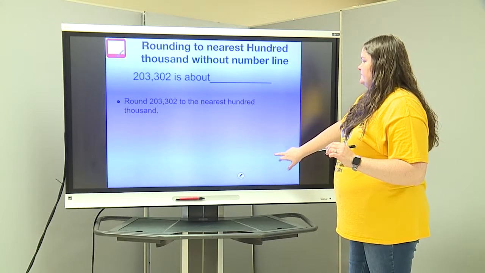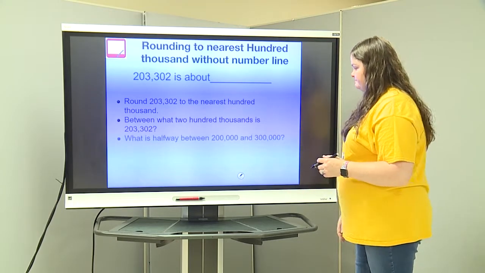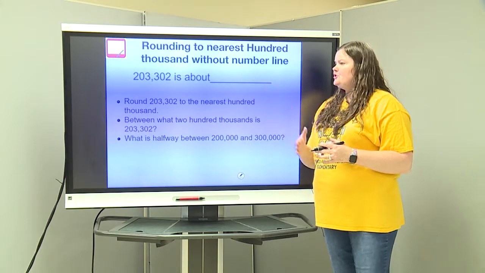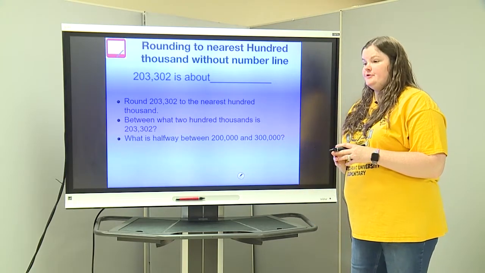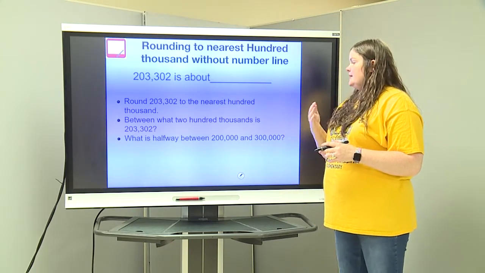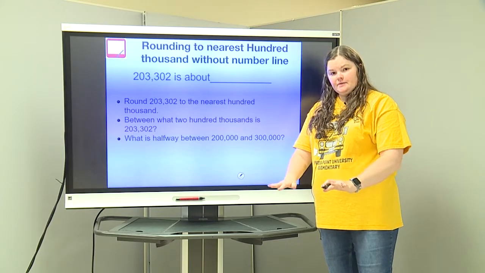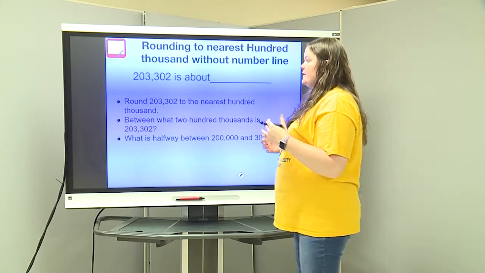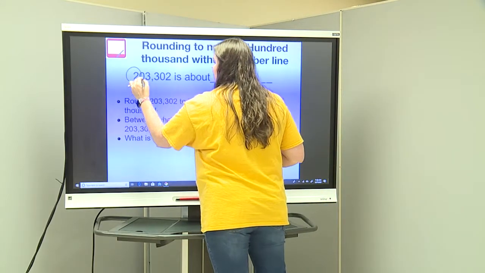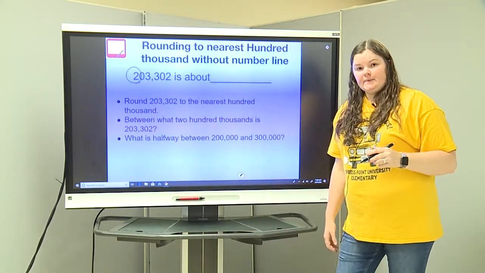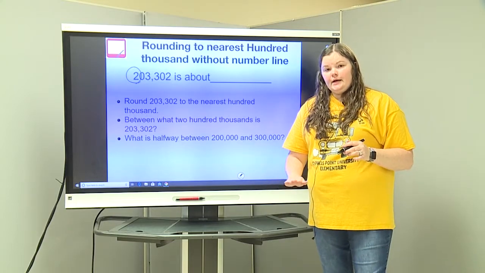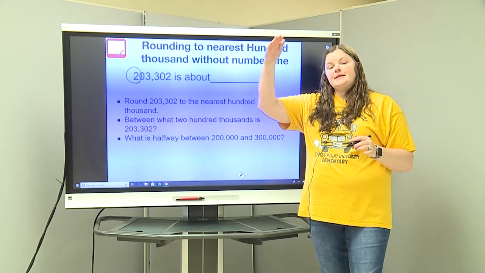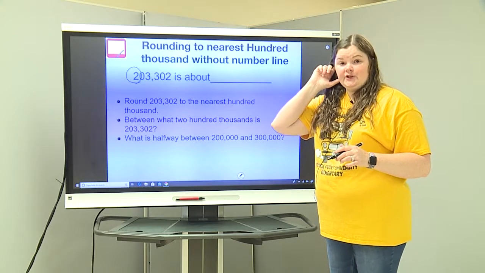All right, let's look at this one, also to the nearest 100,000s. We've got 203,302. Let's think about what our bottom 100,000 would be and what our top 100,000 would be. In this particular number, the 2 is in the 100,000s place. So my bottom would be 200,000 and my top would be 300,000.